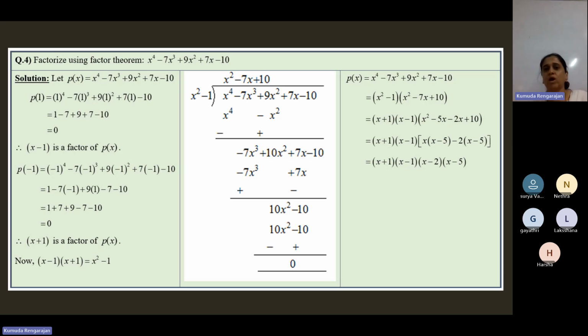Divide the given polynomial by that quadratic factor, you will get a quadratic quotient. Then apply the division algorithm. Dividend is equal to divisor into quotient plus the remainder. Divisor, you already had the factors of the divisor, so you can just put it back. Quotient alone, you'll have to factorize by splitting the middle term.